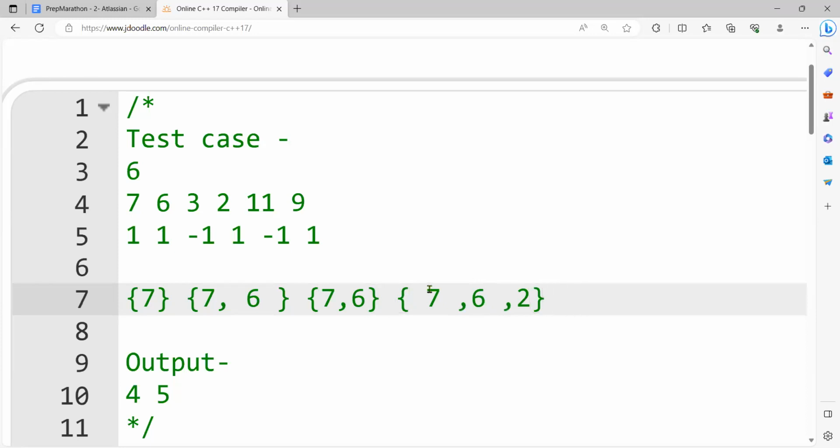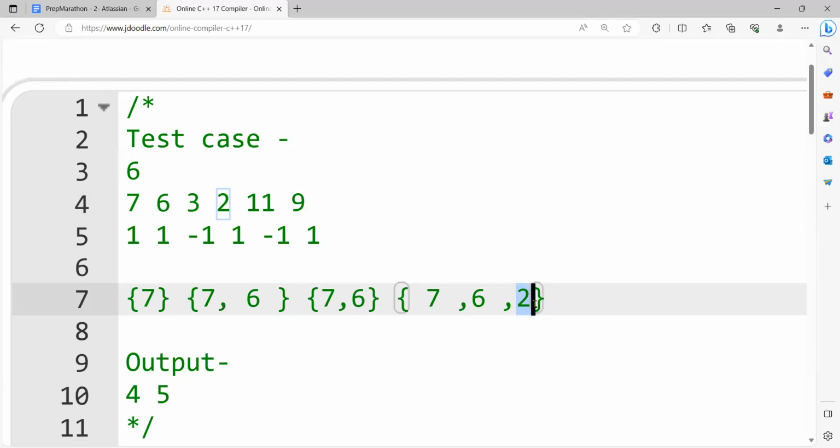Since it is also moving right, there is no need to do any collision. But when I move to this place, this ball is moving left and it has strength 11. So collision is possible. The first collision is going to be between 11 and 2. We have a ball moving in the right direction with strength 2 and a ball moving in the left direction with strength 11.